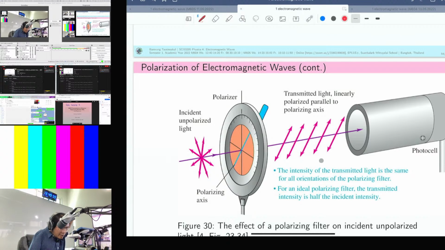And for an ideal polarizing filter, the transmitted intensity is half the incident intensity. So the intensity after the incident light will be only 50% of the power from the original source of the light.